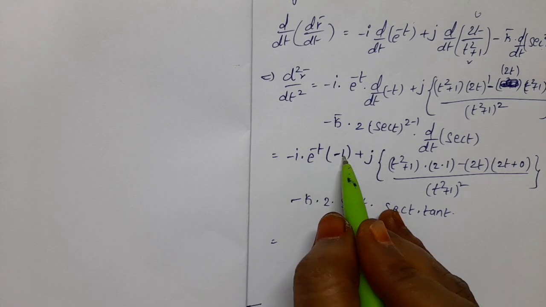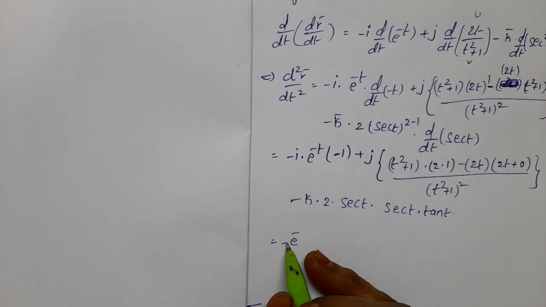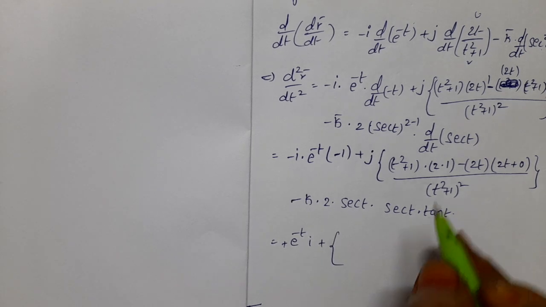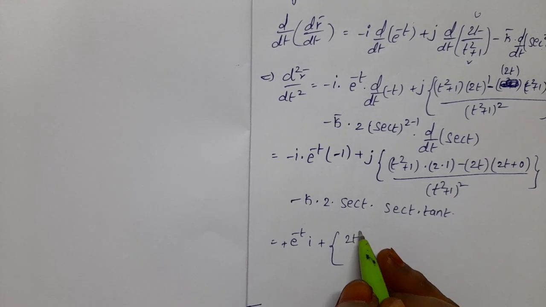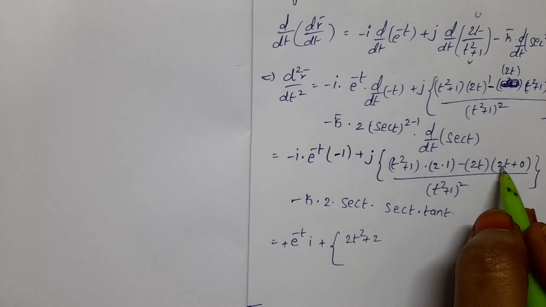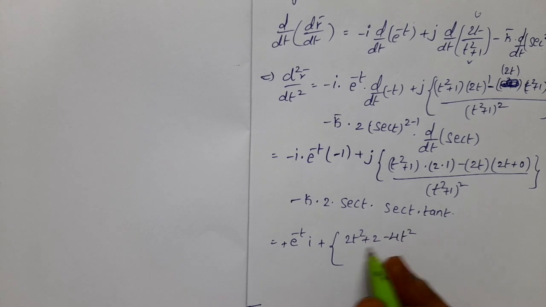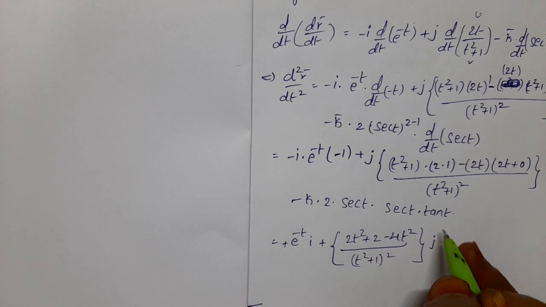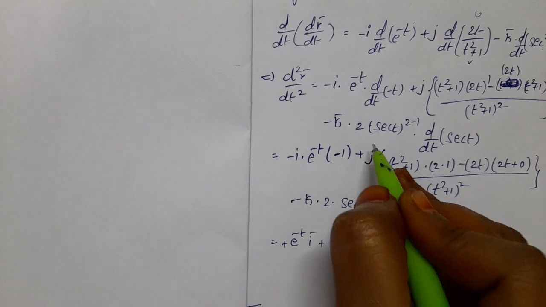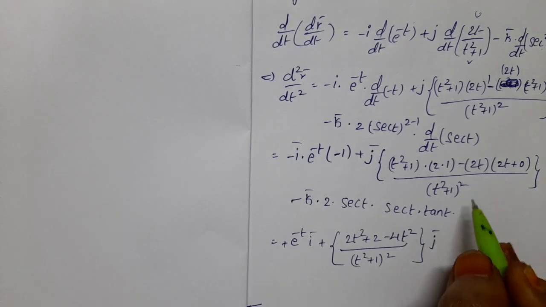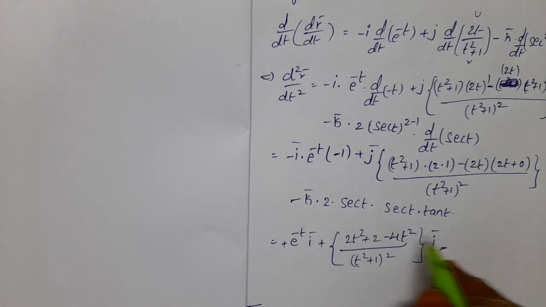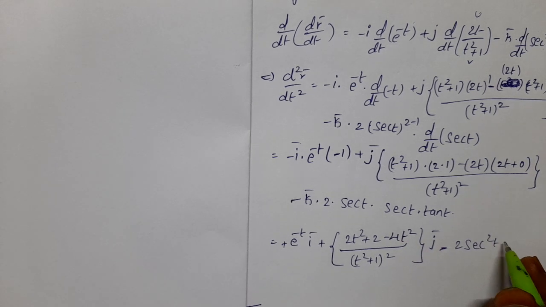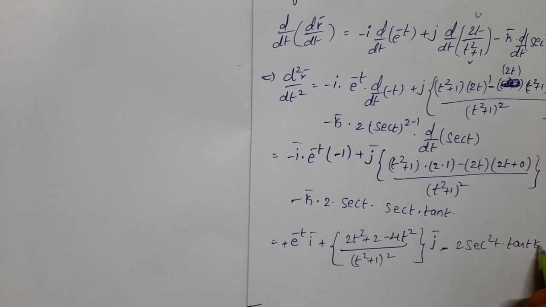This is equal to minus into minus plus e power minus t i plus 2t square plus 2 minus 4t square by t square plus 1 whole square j bar, minus 2 secant square t tan t k bar.